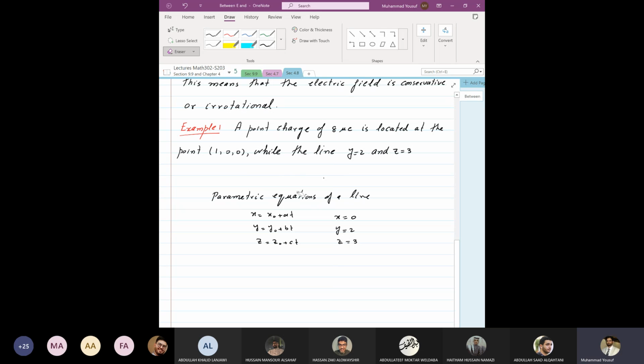We can also look at this line as the line of intersection of two planes. One plane is y equal to 2, which is a plane parallel to the xz plane, a plane between the z axis and x axis.